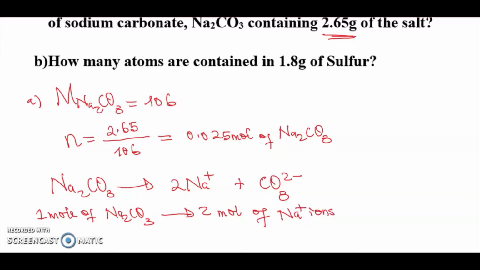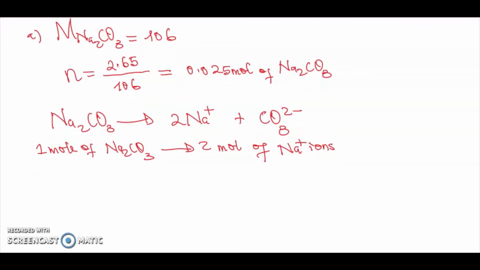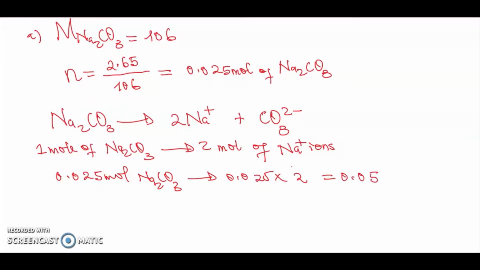So if that be the case, 0.025 mole will contain 0.025 multiplied by 2, and that gives us 0.05 moles of sodium ions.